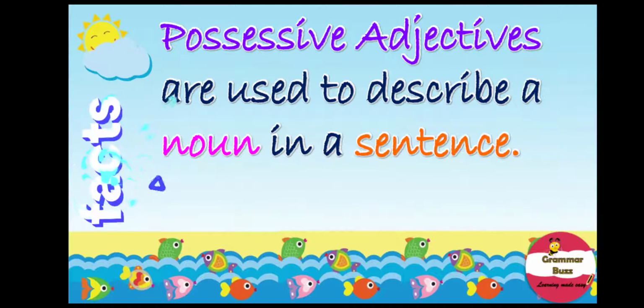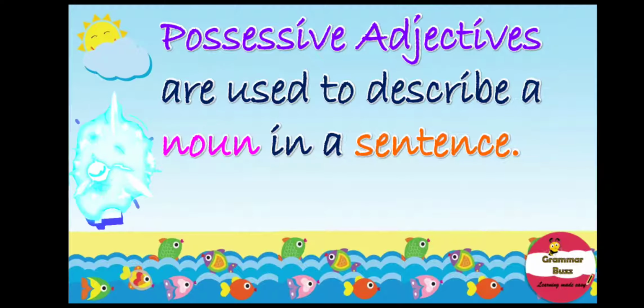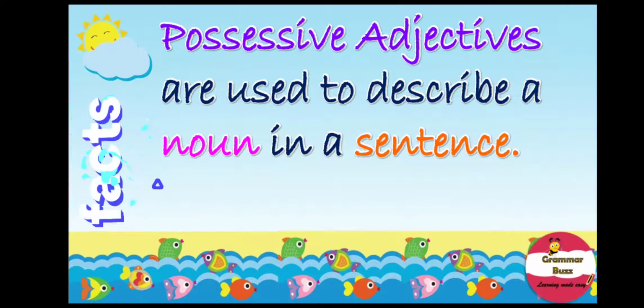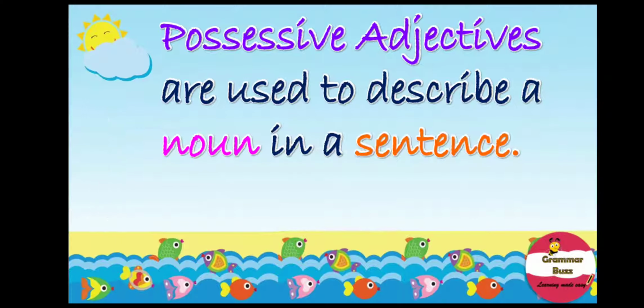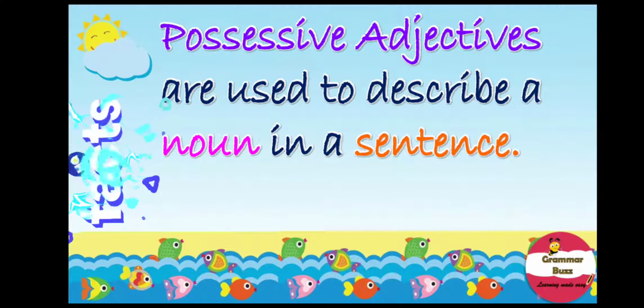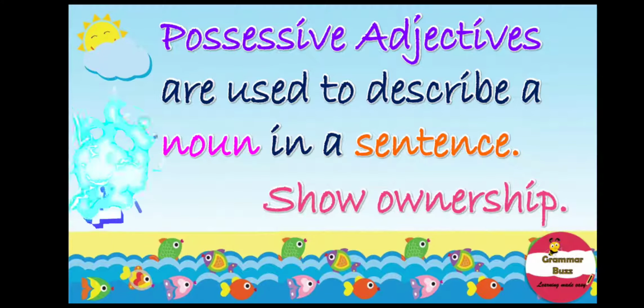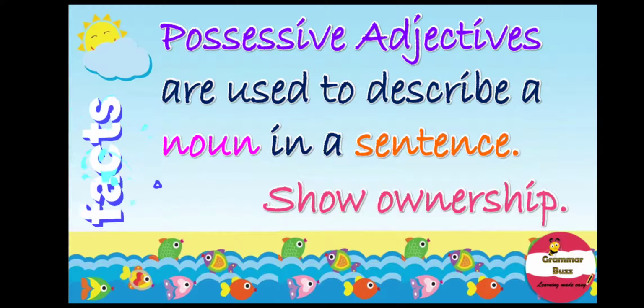You know that, right? That's their job, describing nouns. But most importantly, they tell us to whom something belongs, or in other words, they show ownership. Simple so far, right? Now let us find out about some common possessive adjectives.